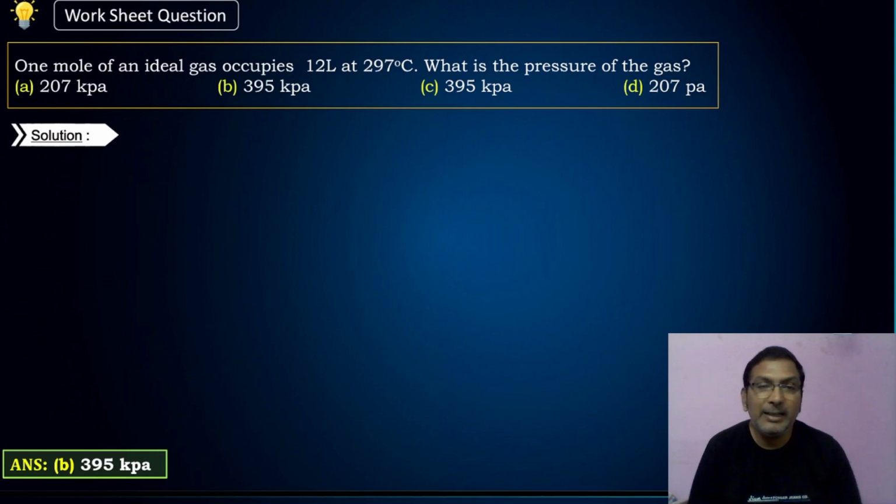1 mole of an ideal gas occupies 12 liters at 297 degrees centigrade. What is the pressure of the gas? This is also simple.